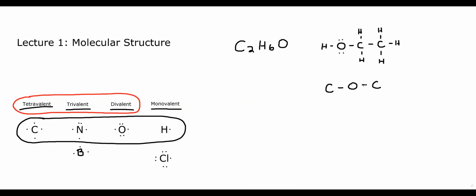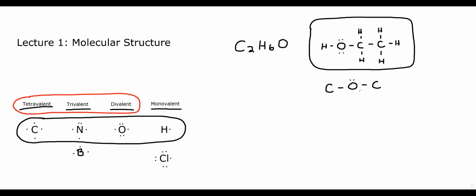Now, you should be able to see how the backbone of this molecule is different from the ethanol that we drew before. This is what we drew before, ethanol or ethyl alcohol. That backbone was CCO. The backbone of this molecule that we're drawing now could be COC.